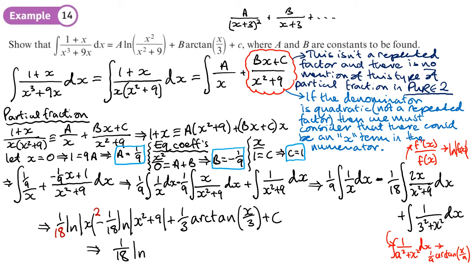Then I've got a division, and my division is going to be x squared divided by x squared plus 9, x squared over x squared plus 9. I suppose I don't need the modulus sign because it's x squared, it's always going to be positive, plus 1/3 arctan x over 3 plus c.